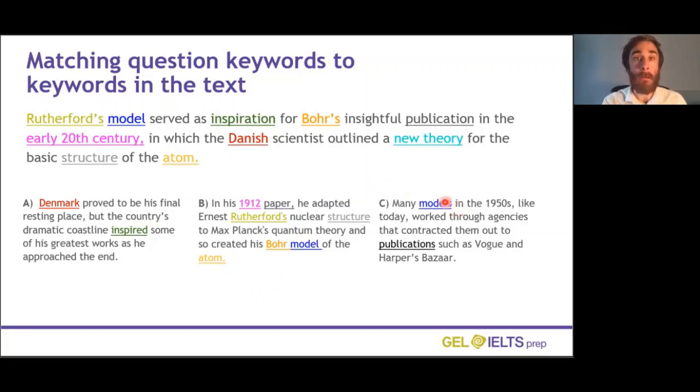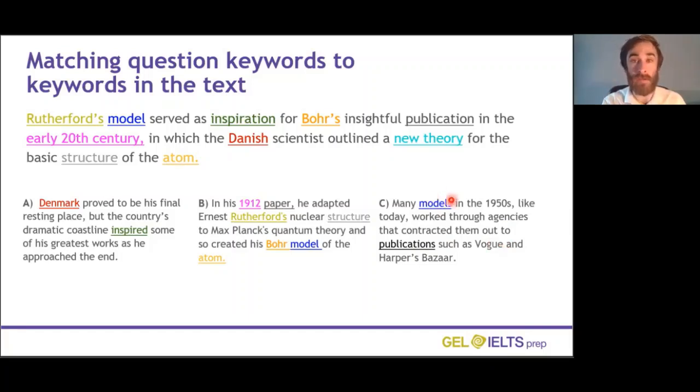C. Model. We've got a match here. However, if we look at the context of the sentence, we can see it's talking about a different type of model. Many models in the 1950s, like today, worked through agencies that contracted them out to publications such as Vogue and Harper's Bazaar. So the word agency, publication, Vogue, these make me think of fashion.